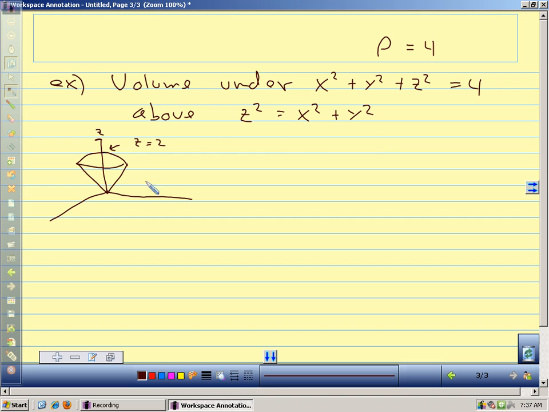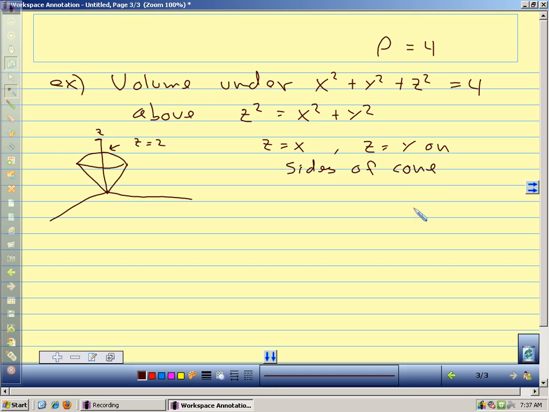And for the sides of my cone, z squared equals x squared plus y squared, what equation represents the sides of the cone in one coordinate plane? If we let y equal 0, I get z squared equals x squared, or z equals x, or z equals y on the sides of the cone.